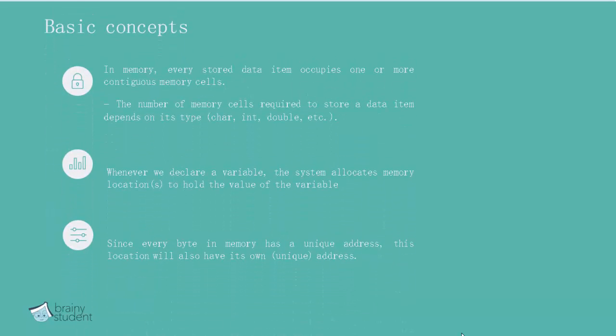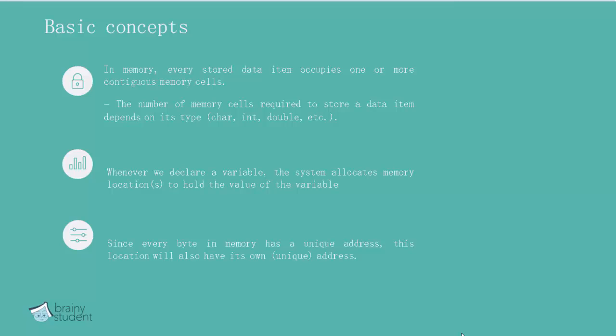In memory, every stored data item occupies one or more contiguous memory cells, right? We know that our memory is made up of bytes, and every cell in that memory has an address, correct? So for memory management also, we are using pointers.